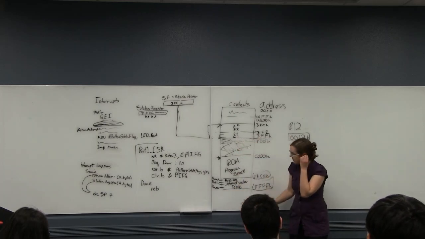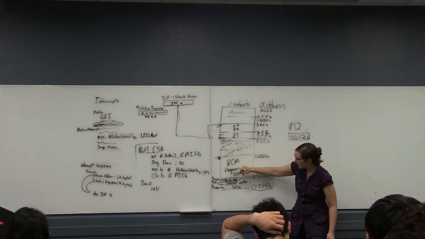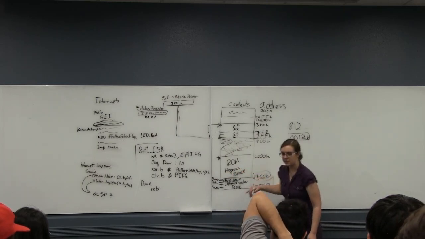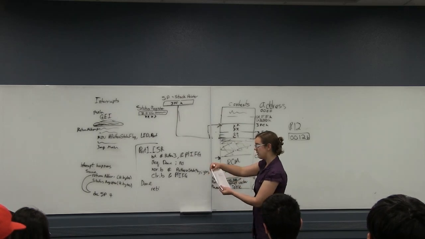So the things you have to do is add the label of the interrupt service routine here at this address, and you can get that at the bottom of your main code.